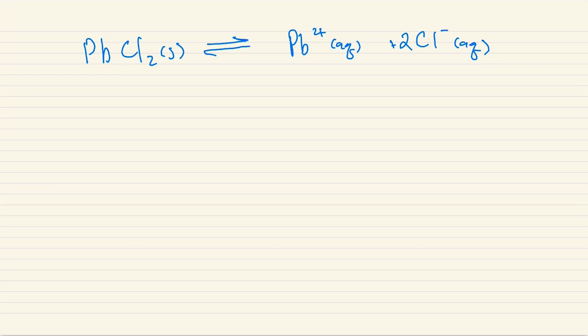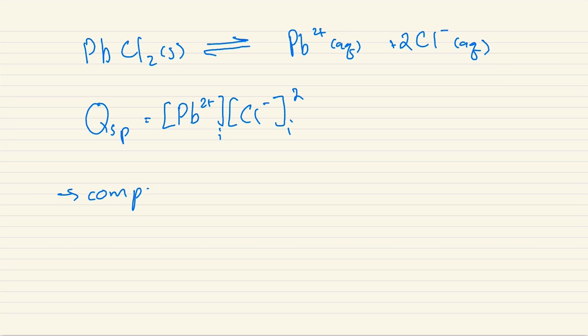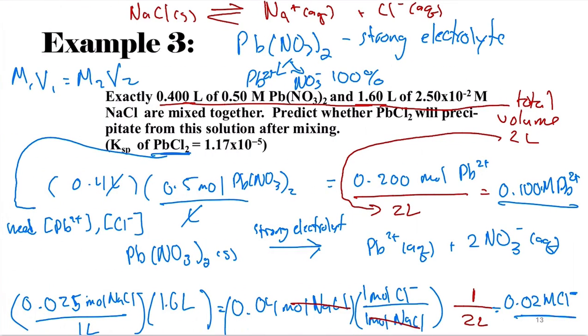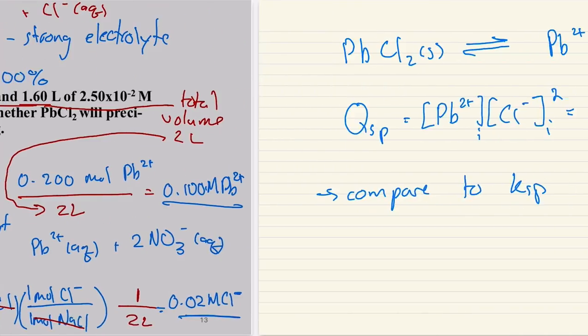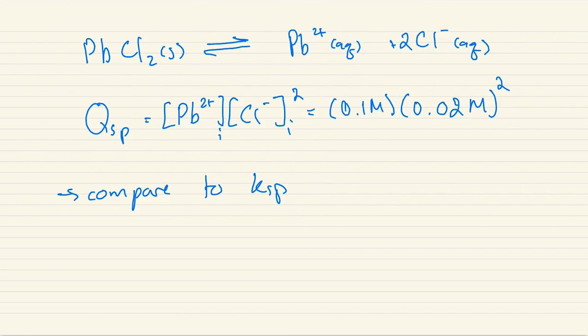And so we want to calculate QSP, which is equal to the concentration of Pb2+ times the concentration of Cl- squared, and these are the initial concentrations. Then we want to compare that to KSP. So the two concentrations we just calculated were 1 molar times 0.02 molar squared.